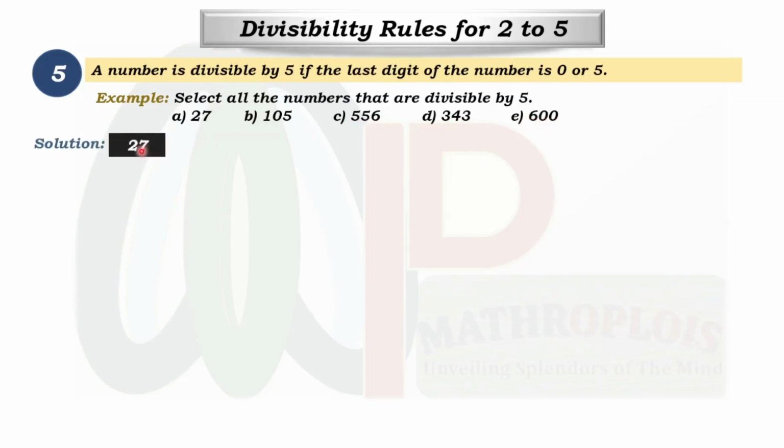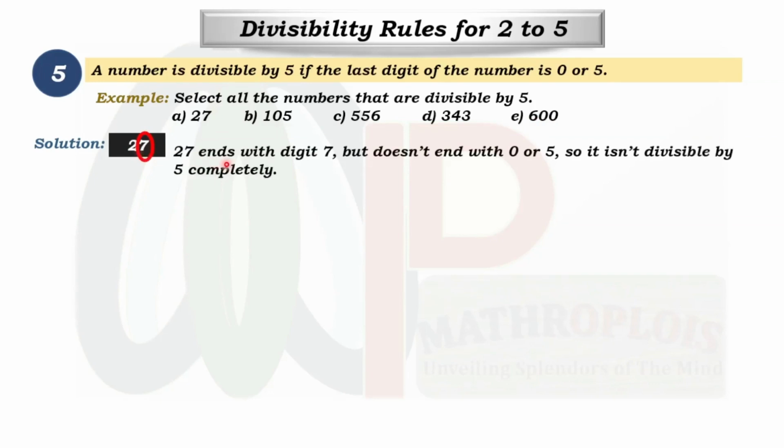Let us start from the first number, it is 27. The number 27 ends with digit 7, but doesn't end with 0 or 5, so it's not divisible by 5 completely. 27 divided by 5 is equal to 5.4.